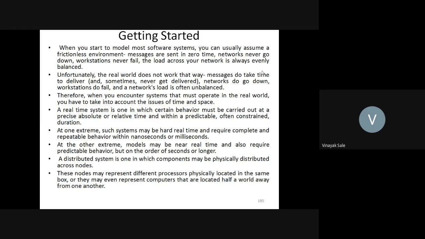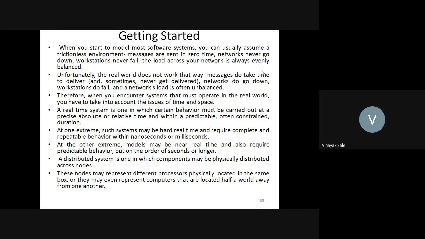At one extreme, such systems may be hard real-time and require complete and repeatable behavior within nanoseconds or milliseconds. At the other extreme, systems may be not real-time but still require predictable behavior, on the order of seconds or longer.